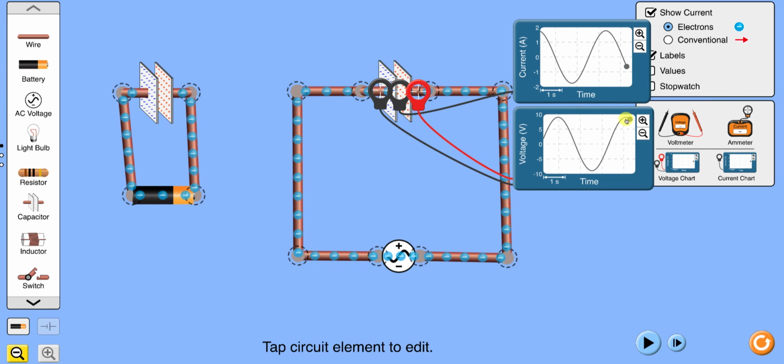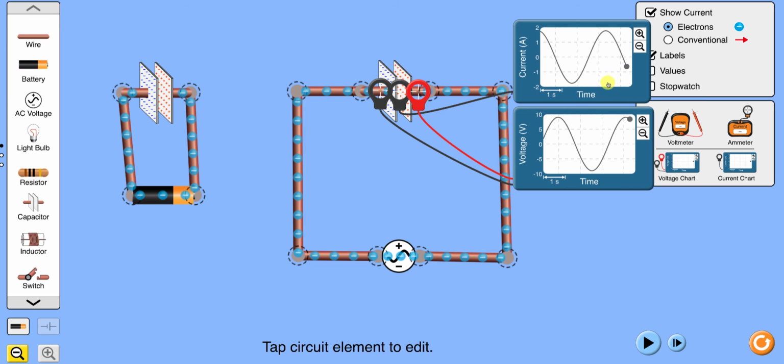Since the potential difference is at the peak when the current is at 0, the current and the potential difference are off by 1/4 of the period. From here to here is one period, from here to here is half the period, and from the peak to the 0, I have 1/4 of the period. So I could say that the current leads the potential difference by 1/4 of the period.